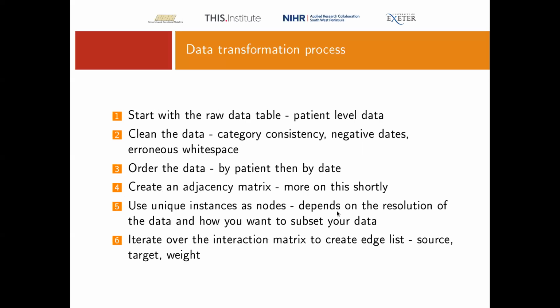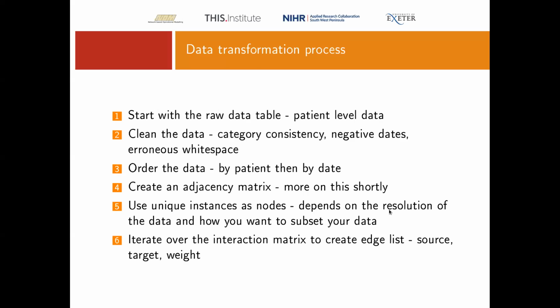We're using unique instances of services as our nodes. And here is where a bit of the art in developing the model comes in, as it all depends on the resolution of your data. So whether you have specific teams, a specific service or geographic localities, it depends on the resolution of your data, at what level you want to look at it, and how you want to subset or amalgamate different aspects of your data to create higher or lower level nodes.